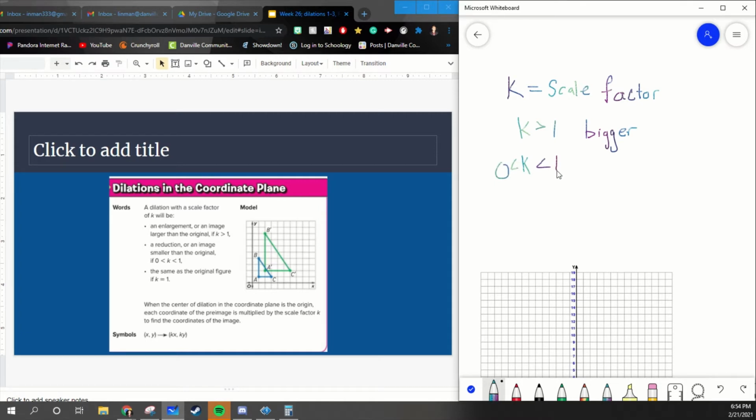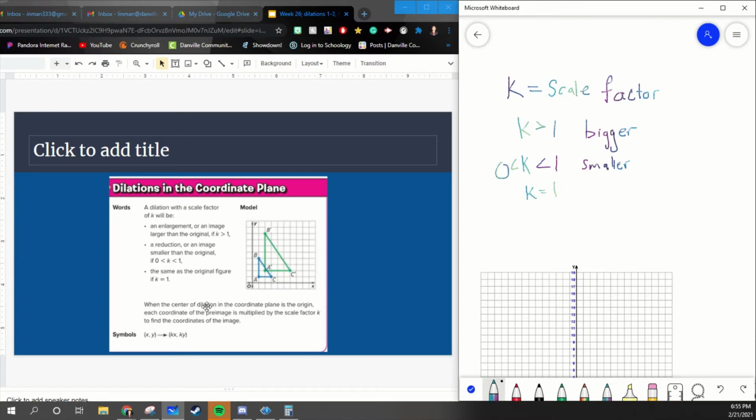If it's a fraction or a decimal, then our shape is going to get smaller, because we are looking at a fractional percentage of our pre-image. And if we have a k of 1, our shape is just not going to change, because we're just multiplying by 1.